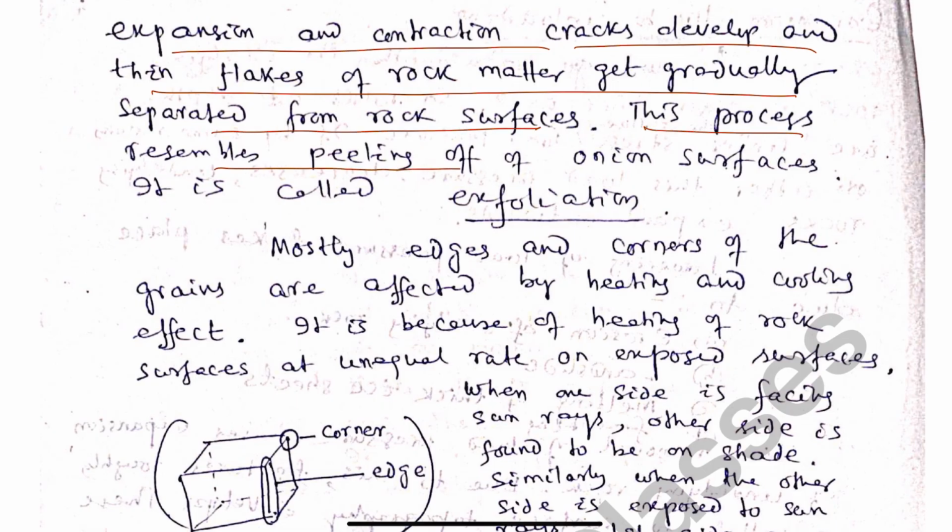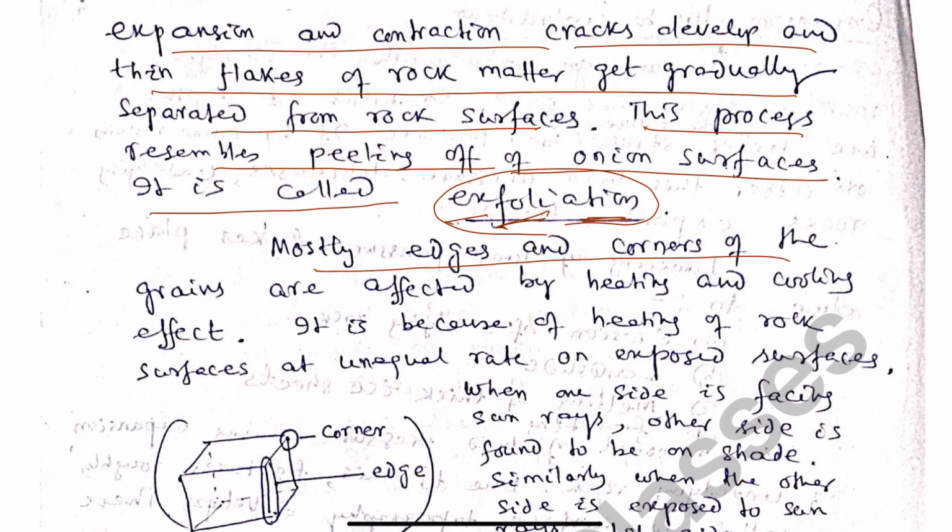This process resembles the peeling off of onion layers, and this process of breaking down of rocks, producing thin flakes of rock matter from the rock bodies, is called exfoliation. Ex means out, folia means leaf-like; it is a process of producing leaf-like rock flakes through continuous expansion and contraction due to daily heating and cooling effect by the sun rays.